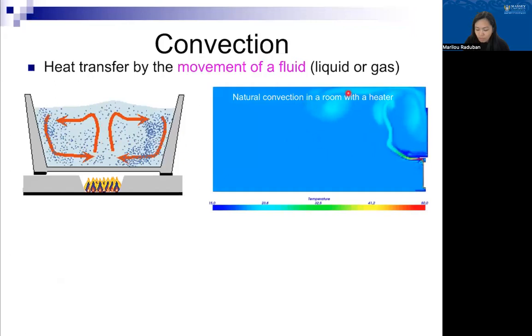They bring with them their thermal energy, and as they move, they transfer the energy throughout different parts of the room. You can see the actual movement of the air particles within the room, and it's the movement of these air particles that will bring the thermal energy to different parts of the room.